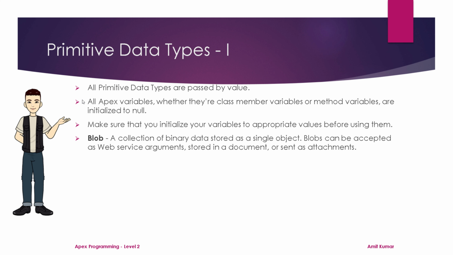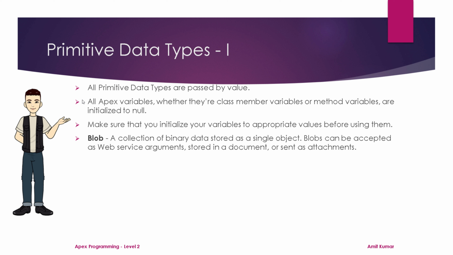Now the first data type is Blob. Blob is actually collection of binary data stored as a single object. So the basic purpose or the basic use of blobs is to accept as web service arguments, basically for any data stored in a document or any data sent as attachments. So these things are quite beyond the syllabus of this course.